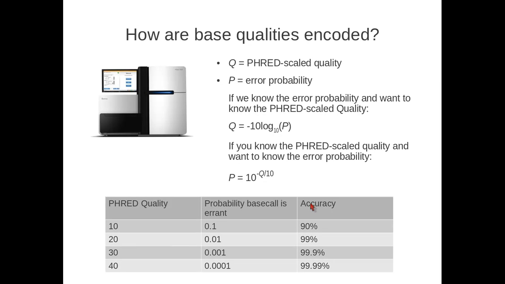So let's switch topics to another very important basic idea, and that is the idea of base quality encoding in the raw data that comes off of a sequencing machine. This goes back to the old days of what we called Sanger-style sequencing.